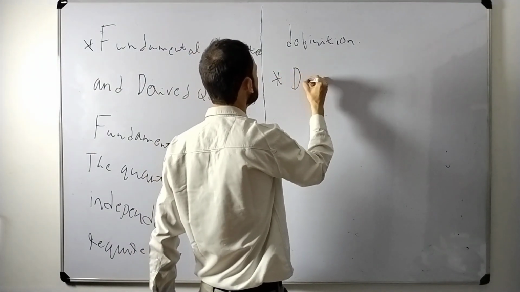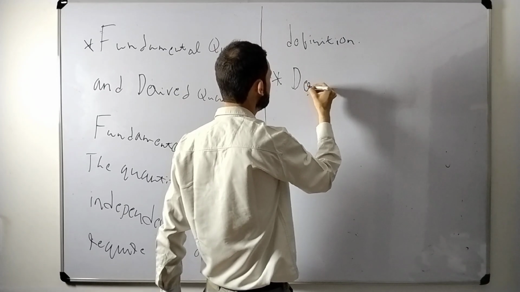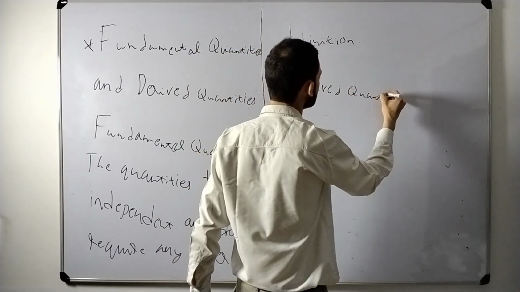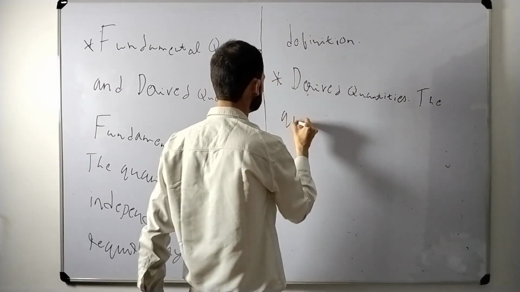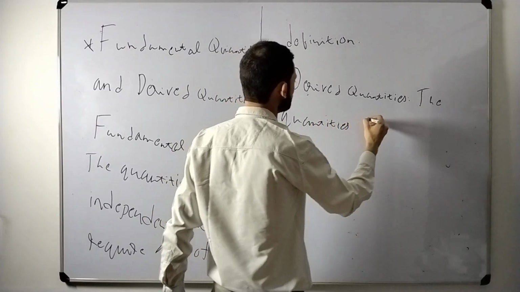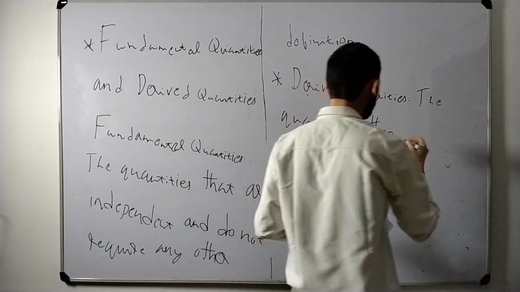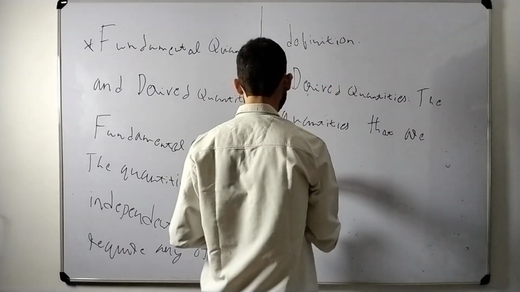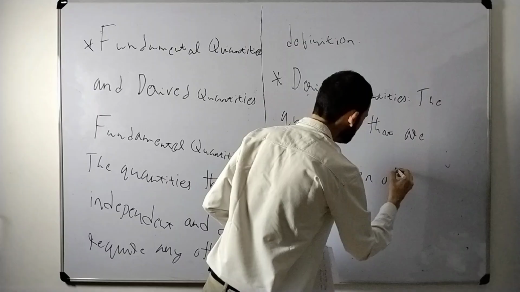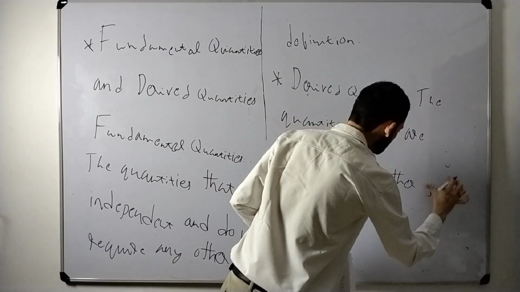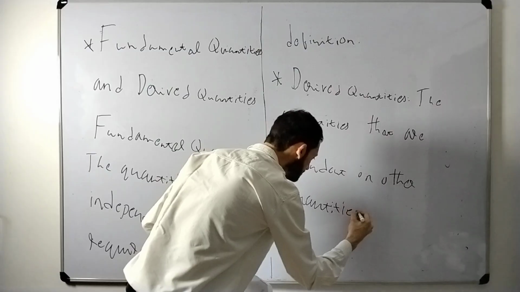Derived quantities. The quantities that are dependent on other quantities for their definition.